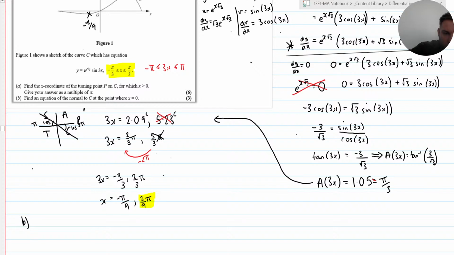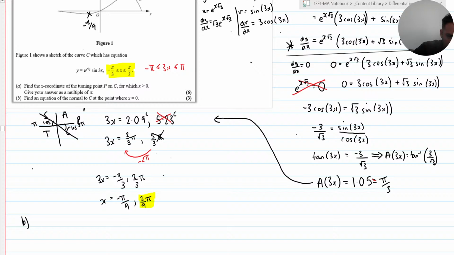Now you need to be really careful with that because it's the equation of the normal, not the tangent. So we know that the gradient formula is this, dy by dx, which is over here.